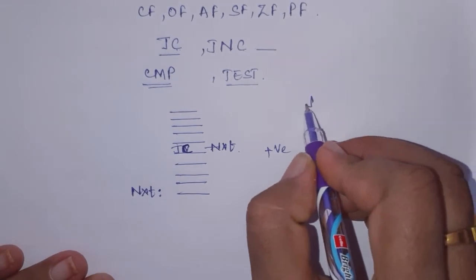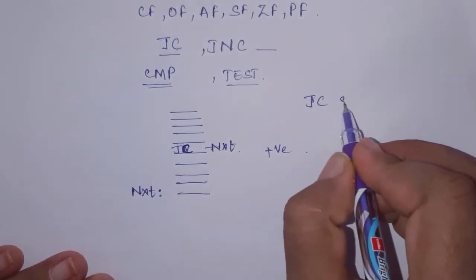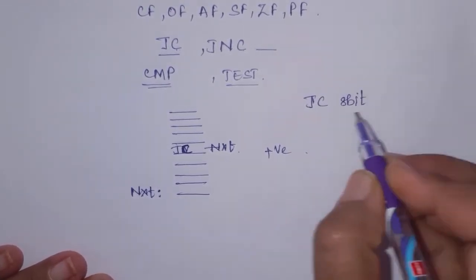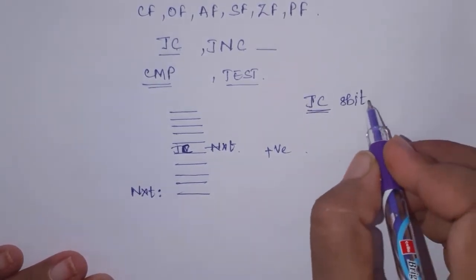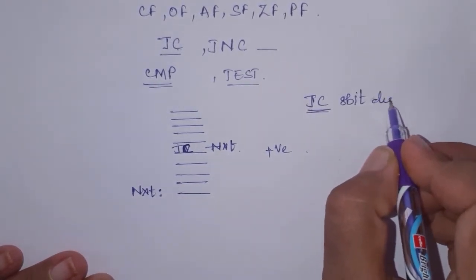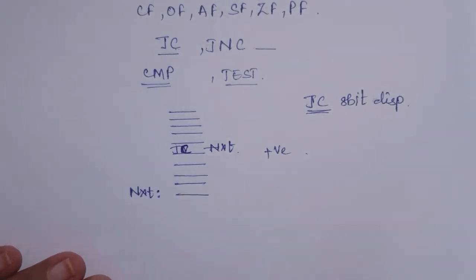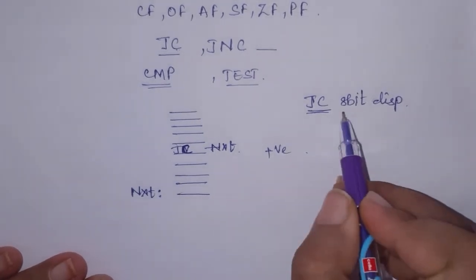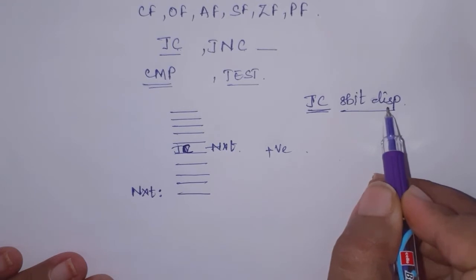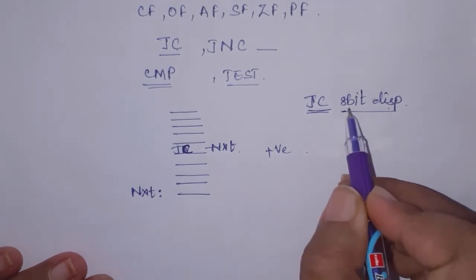Actually in a conditional jump the displacement is an 8-bit displacement. In any conditional jump instruction, it is the 8-bit displacement which is specified in the instruction. The operand specified here is an 8-bit displacement, not 16-bit, only 8-bit.